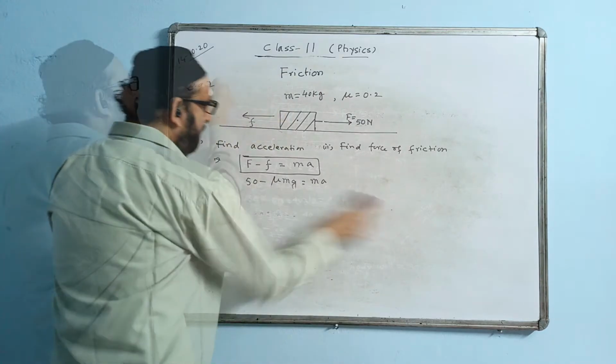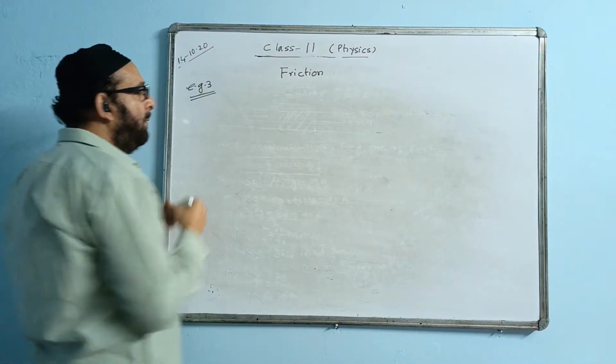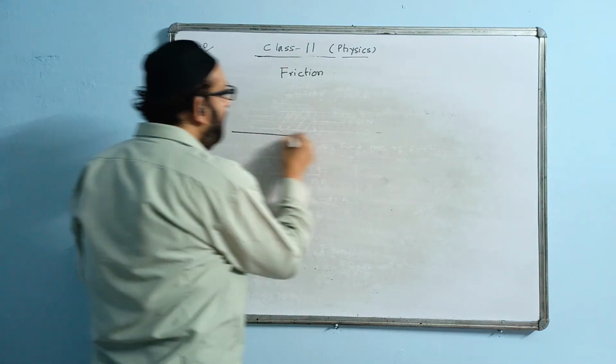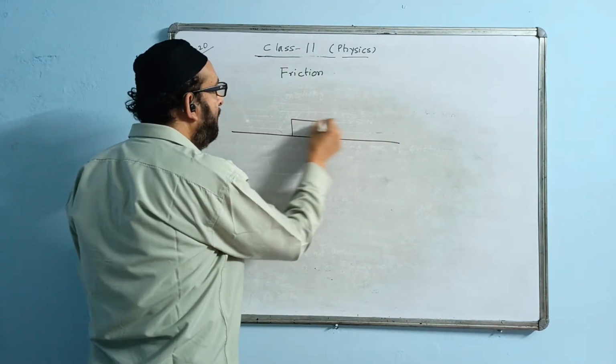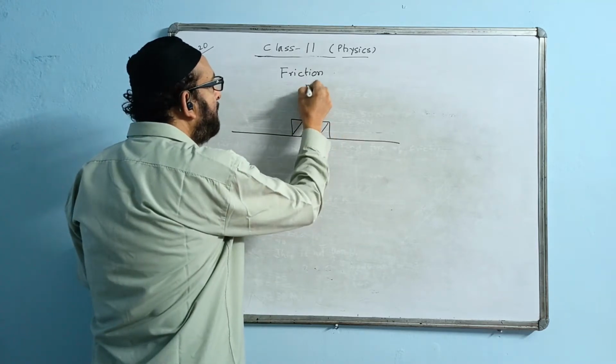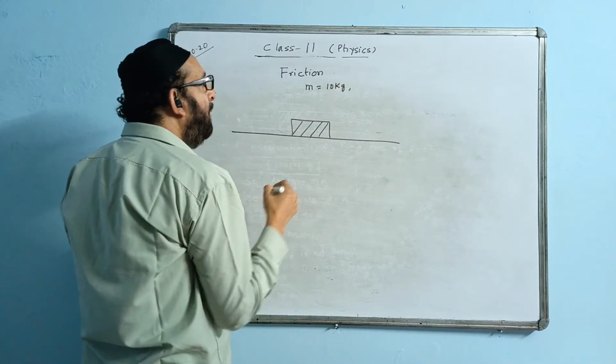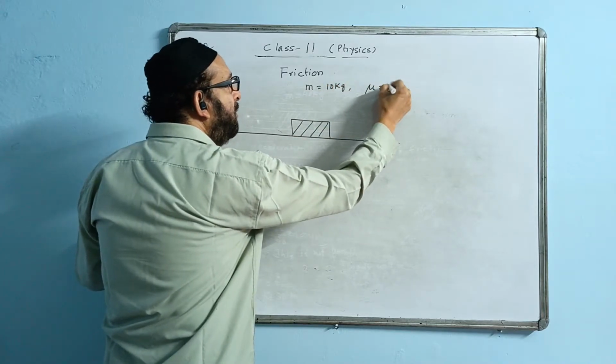Okay, now the next one, example 3. We are having a body here. Suppose the mass of the body is given as 10 kg and the mu value I will take as 0.2.